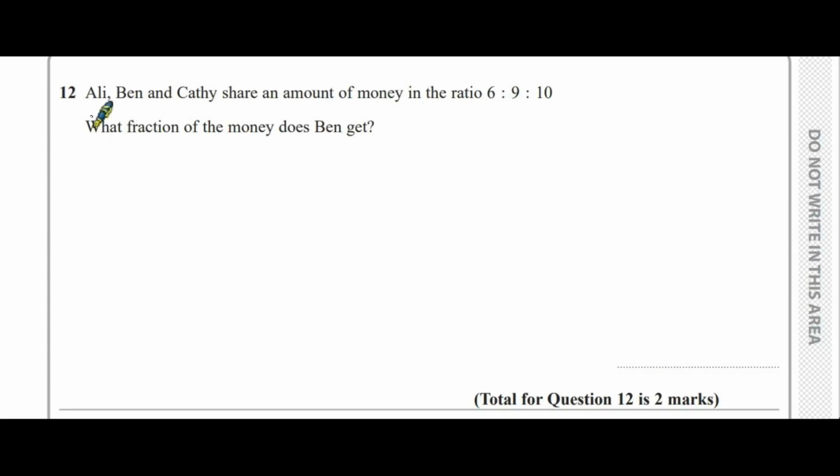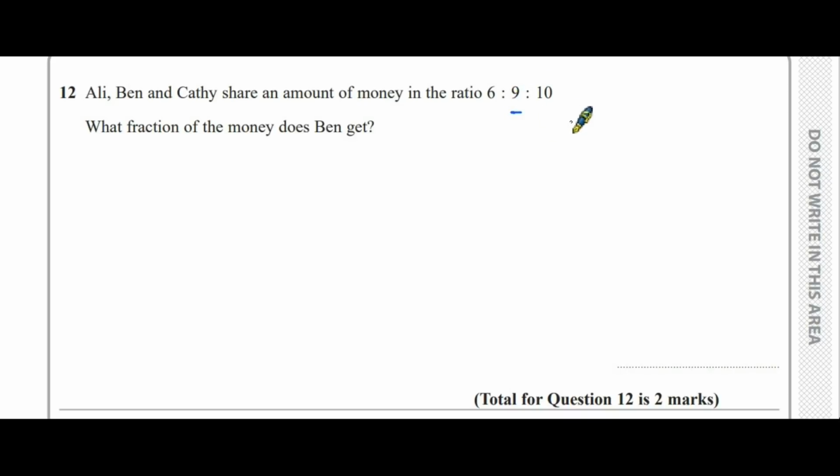Question 12. Ali, Ben and Kathy share an amount of money in the ratio 6 to 9 to 10. And we're asked what fraction of the money does Ben get? Well, the ratio you are given is in the order of the names of the people. So Ben is the centre here, so he gets 9 parts of this ratio.